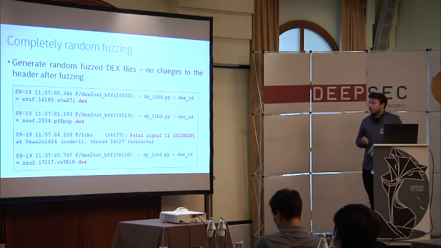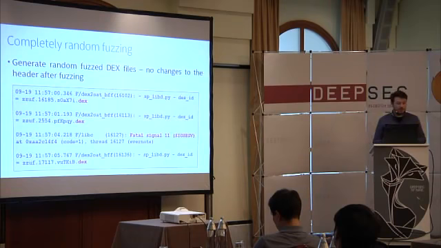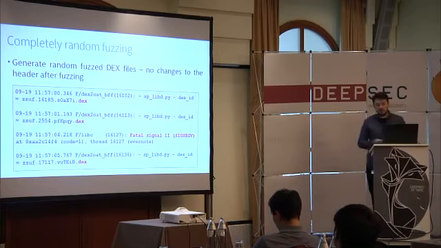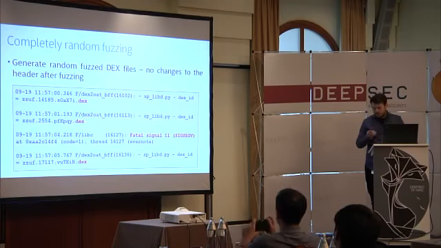The approach that we used in the beginning was to take large amounts of valid DEX files, fuzz them randomly, and not check back with the header, so just send them against dex2oat. This was surprisingly an approach that also gave some results.